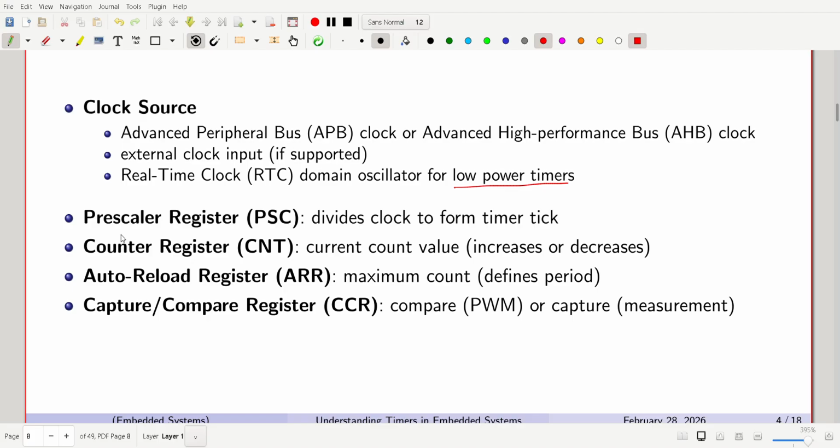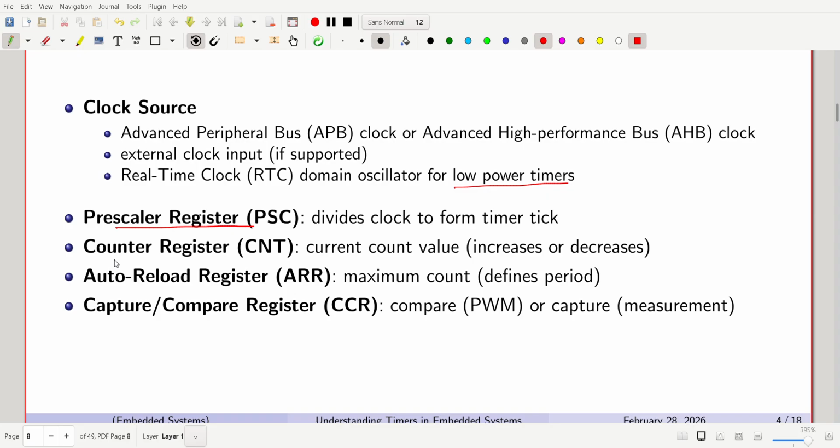The Prescaler Register, PSC in short form, divides the clock to form the timer tick. Whatever the clock is, it will be divided based on your need.